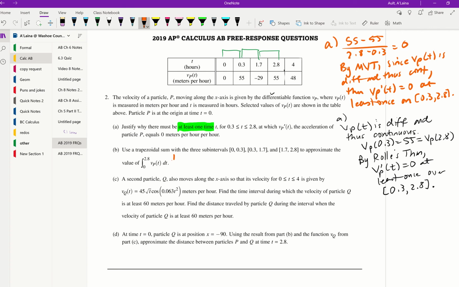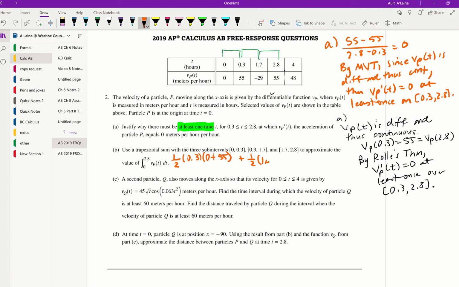All right, I'm going to write this out. A trapezoid is 1/2 times the height, which in this case would be the difference between the t values. This is the width because these are on their side. And then we want to add up both of the heights for that first trapezoid. I'm going to repeat this for the next one. This time, the width is going to be the change again in the t values.